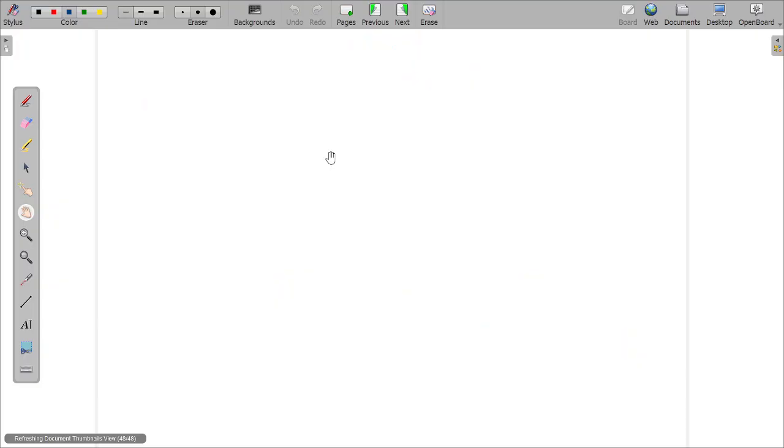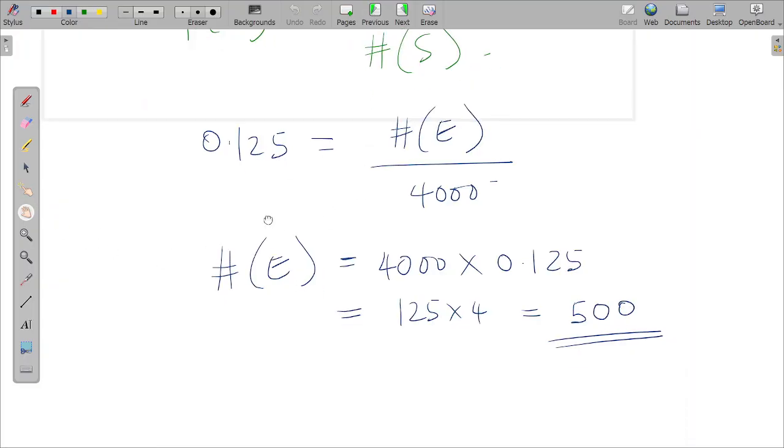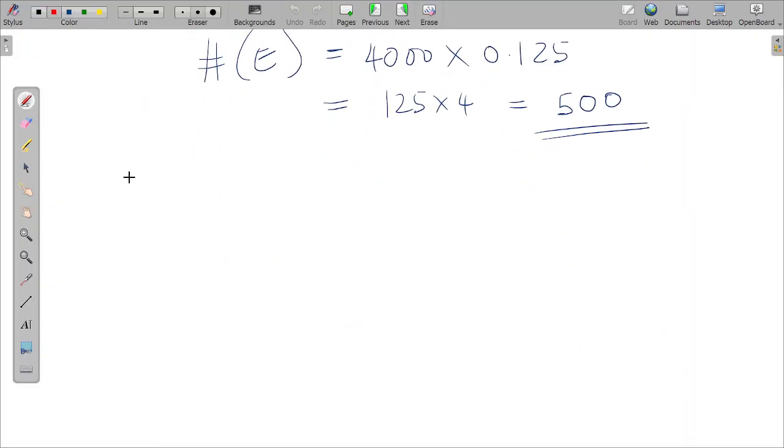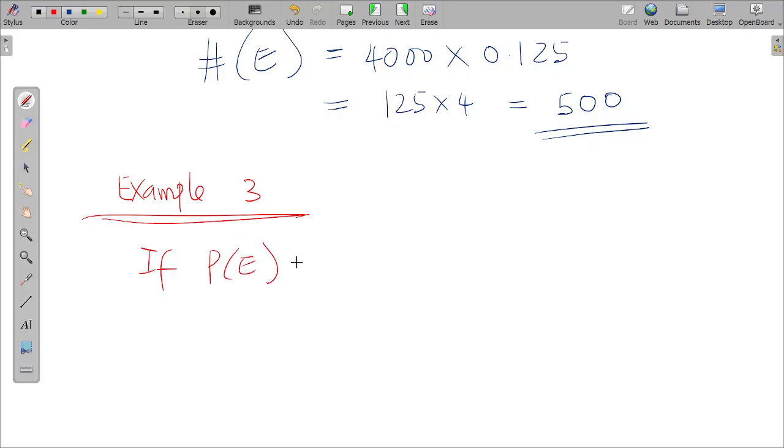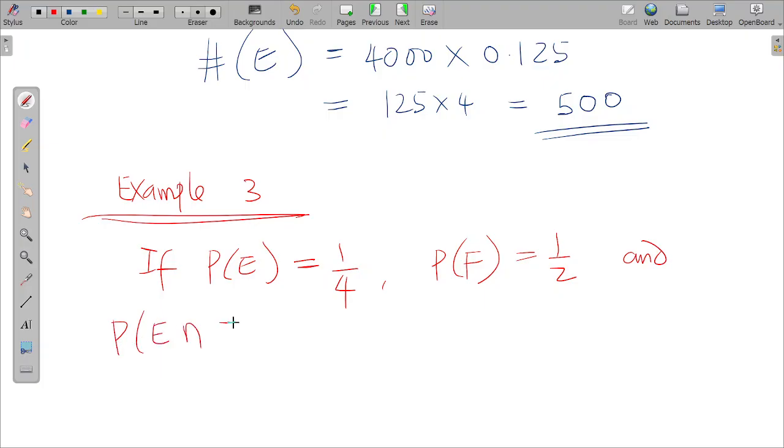Example 3. Say P of E equals 1 over 4, and P of F equals 1 over 2, and P of E intersect F equals 1 over 8.